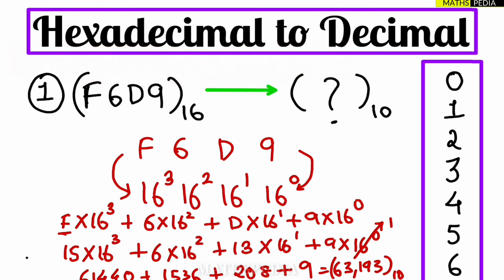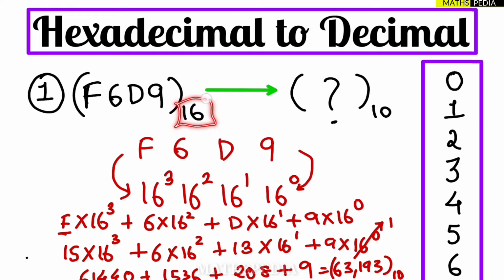So 0 to 9 are the 10 decimal numbers plus A, B, C, D, E, F. So totally 16 numbers will be there. Okay, so 0 to 9 is 10 numbers, plus 6 alphabets. So these are the 16 different symbols used for hexadecimal.